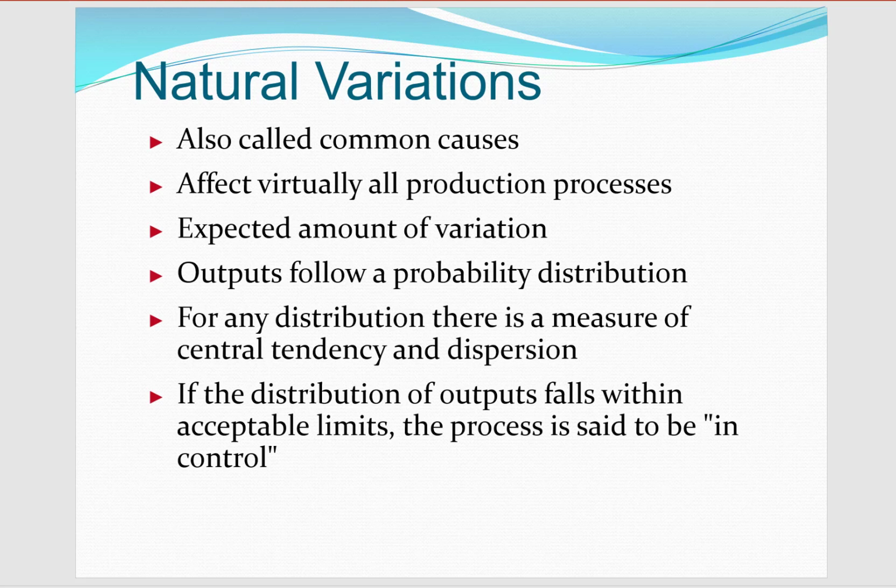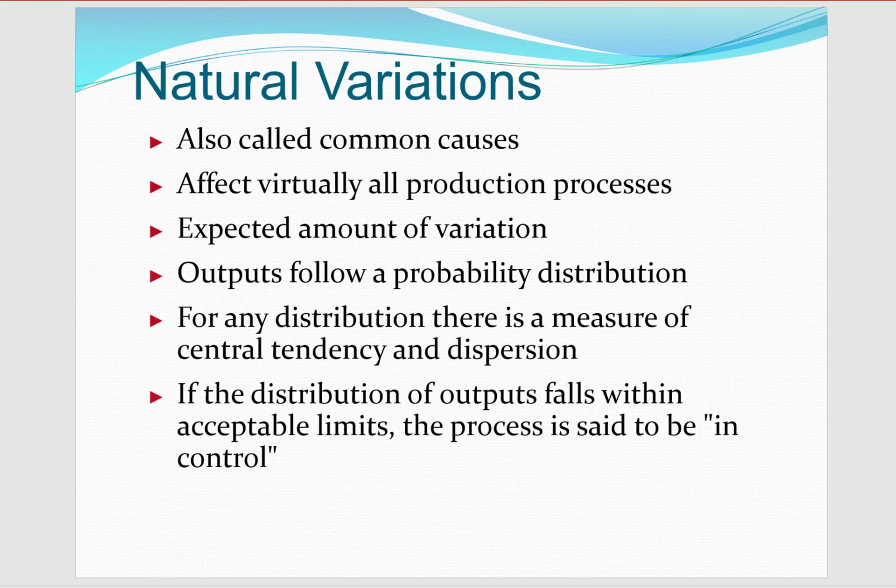So let's talk about natural variations. Natural variations are also called common causes of variation. They affect virtually every production process. Everything around us has a natural variation, a set of variations in it. A certain amount of natural variation is expected in any process.